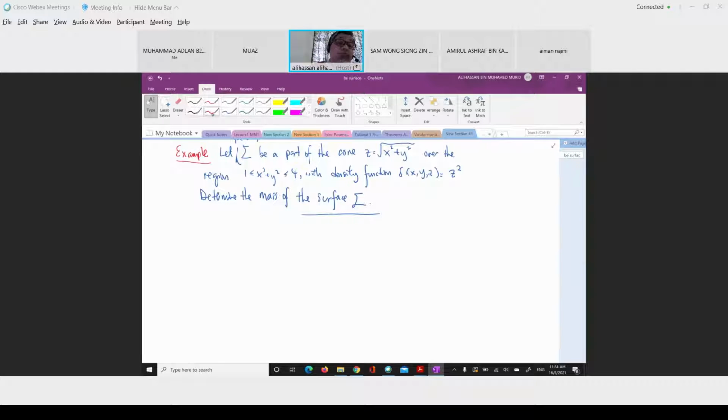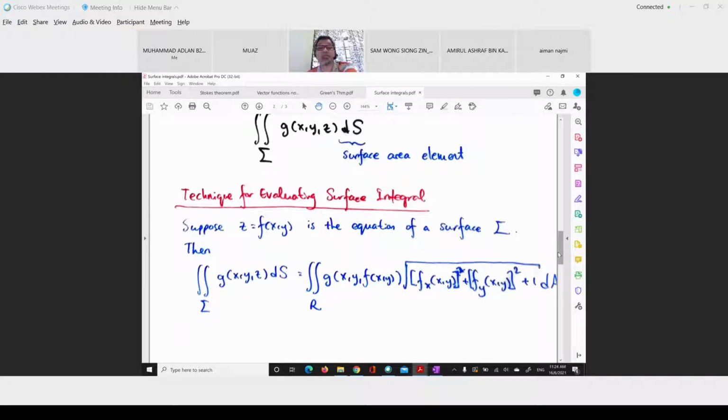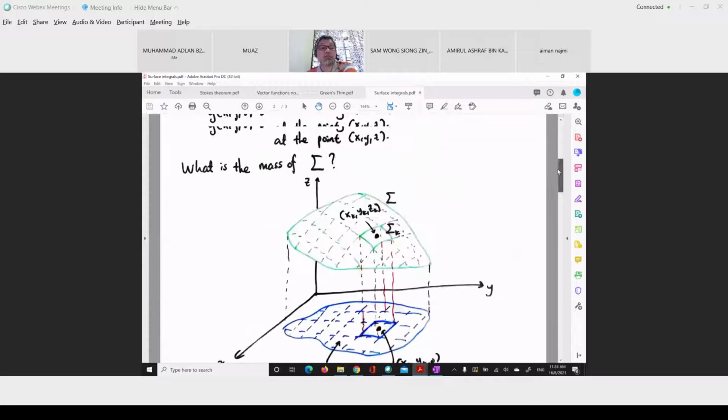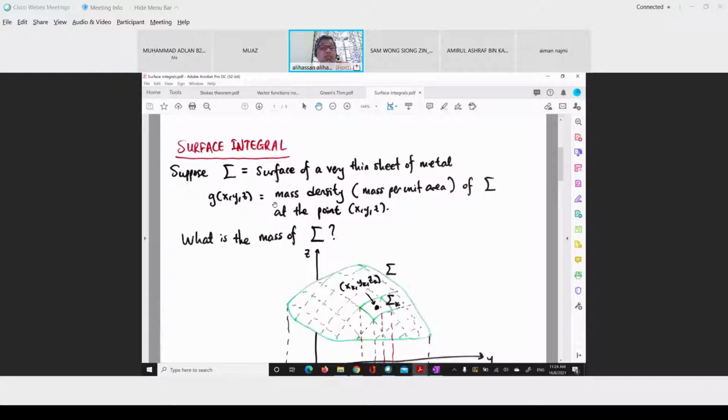From our previous discussion, the mass is equal to the surface integral over sigma of the density function g(x,y,z) dS.